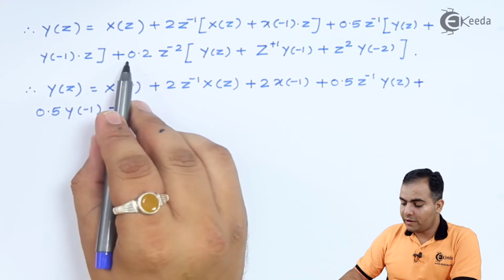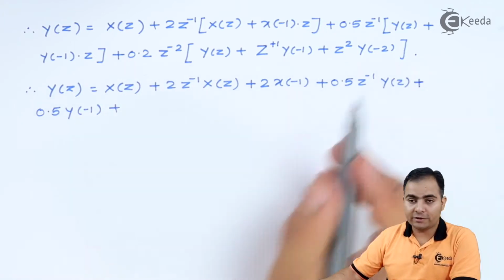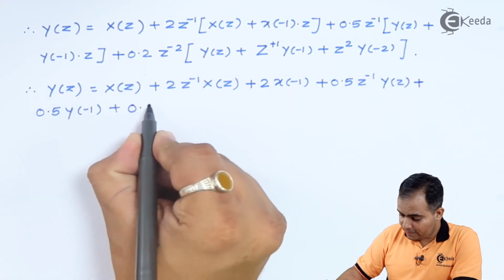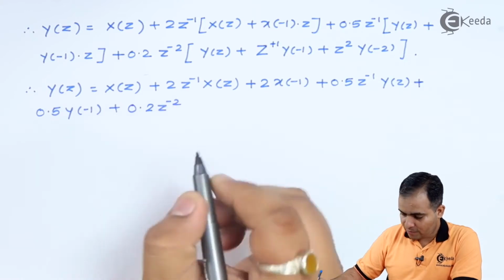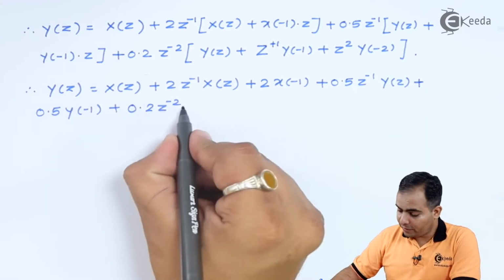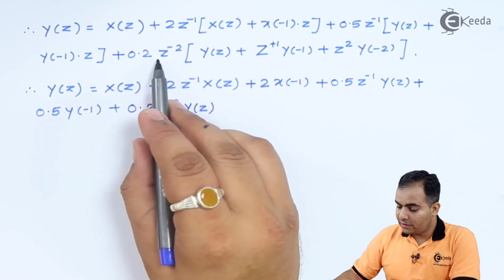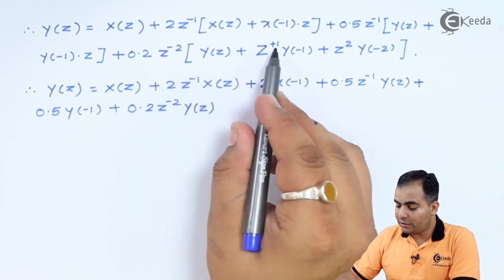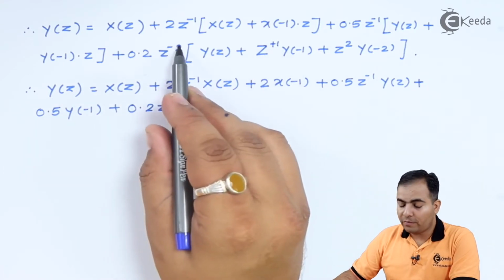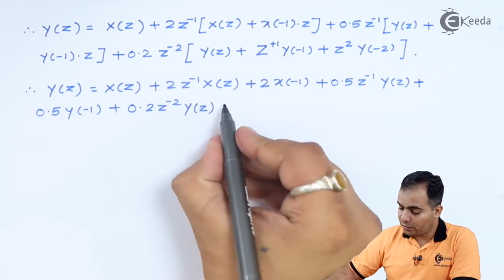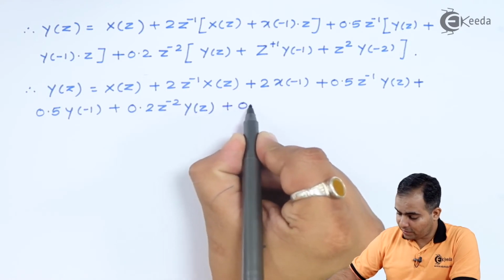Now we'll multiply this 0.2 z to the power minus 2 inside this bracket. The first term is 0.2 z to the power minus 2 into y of z. Now for the next one, this z to the power minus 2 and z to the power plus 1, so one order of minus 2 will get removed.